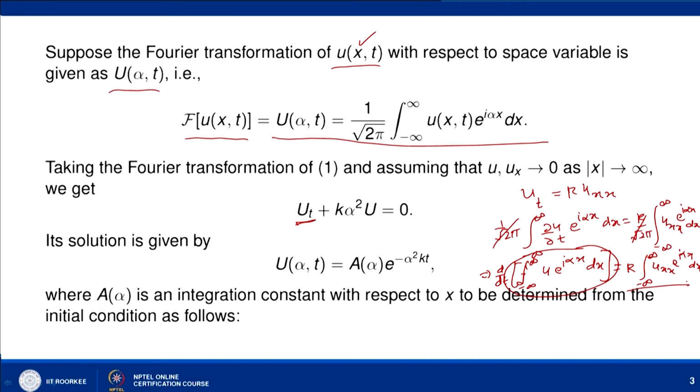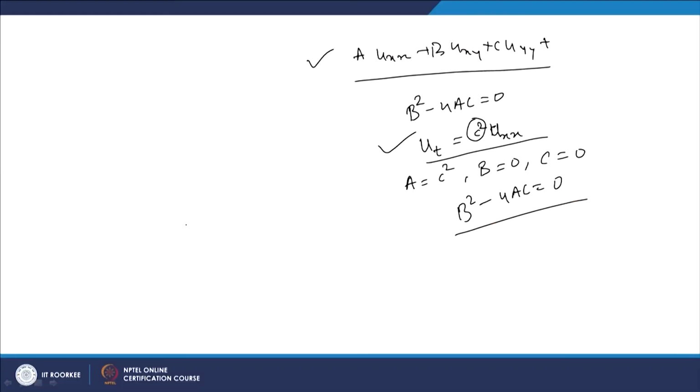So how do we find the Fourier transform of u_xx? It is the integral from minus infinity to infinity of u_xx e to the power i alpha x dx. Here we apply integration by parts and transfer the derivative onto e to the power i alpha x.